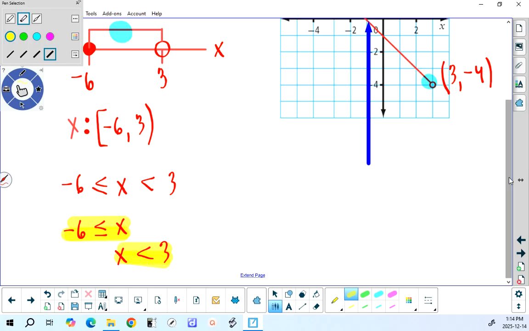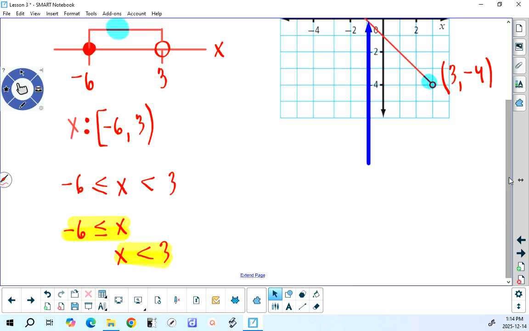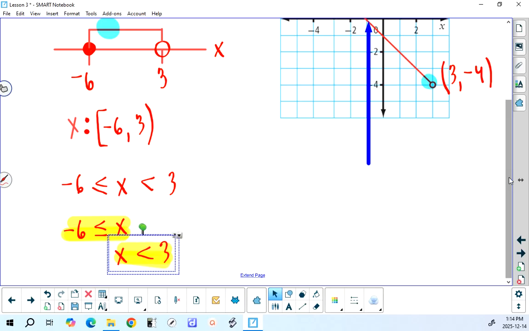For any value of x that's allowed, x will be less than 3. And for any value of x that's allowed, -6 will be less than or equal to x. And if we take these two statements, x is less than 3 and -6 is less than or equal to x, and we bring them together, we get that statement that I wrote. So those are the three ways we can describe the domain.